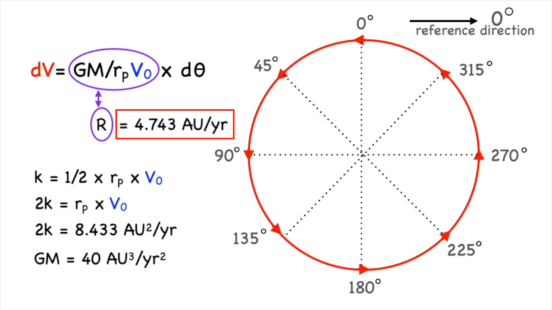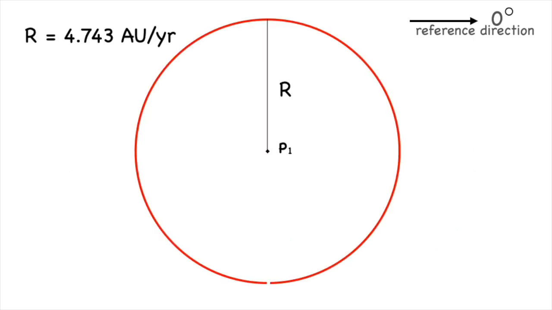When we do the calculation, we find that capital R equals 4.743 astronomical units per year. So we can draw our new dV circle centered at P1 with a radius capital R.